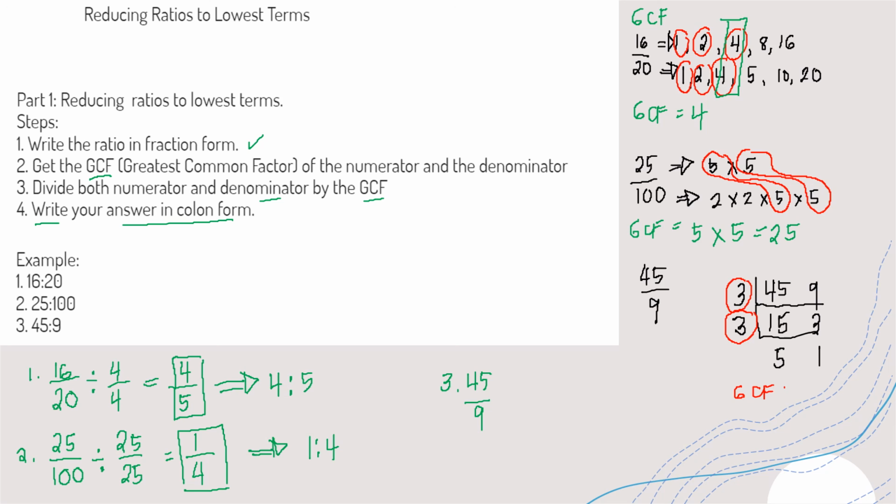The GCF here is 3 times 3, which is 9. Then I go back to the question and divide the fraction by 9. 45 divided by 9 is 5, and 9 divided by 9 is 1. If I put that in ratio form, or column form, as for step 4, our answer will be 5 is to 1.